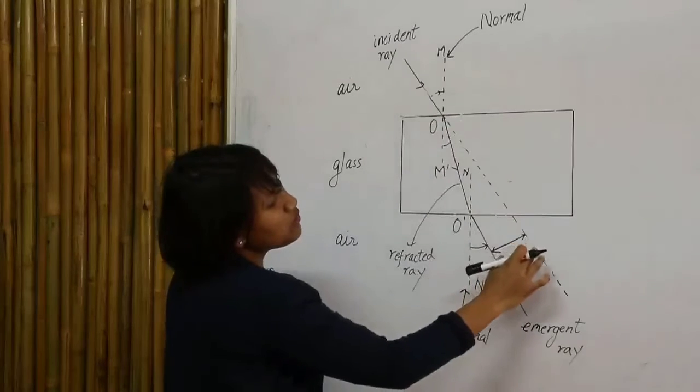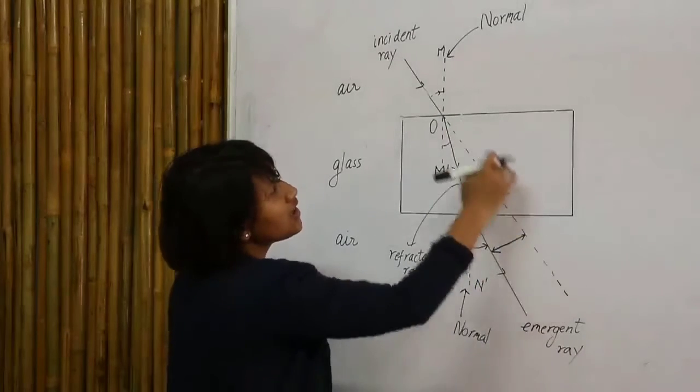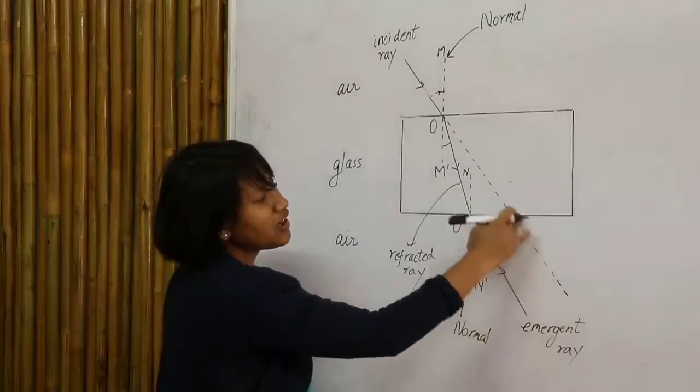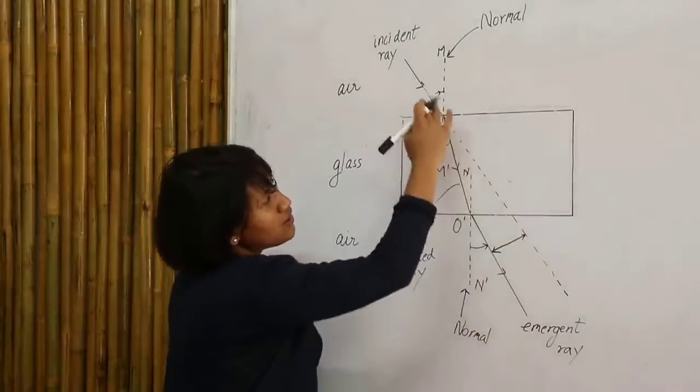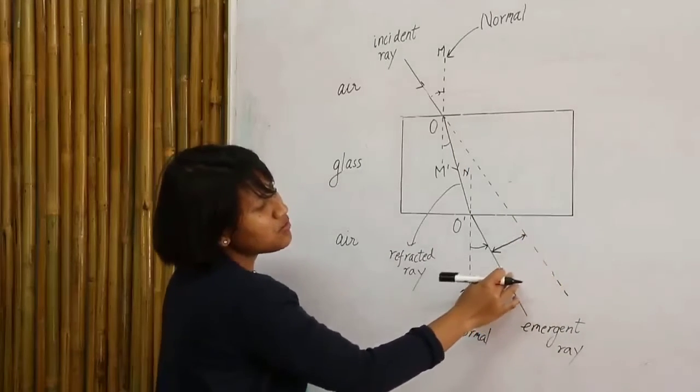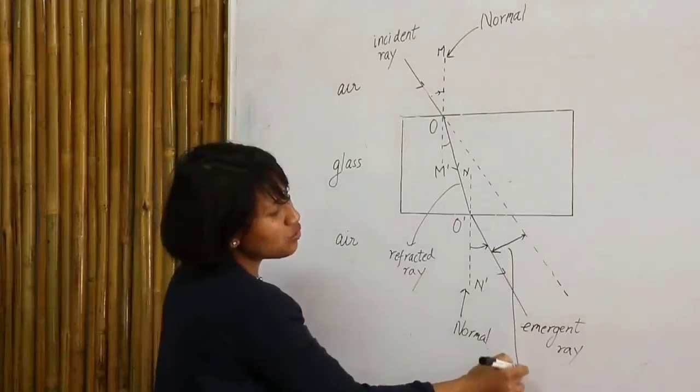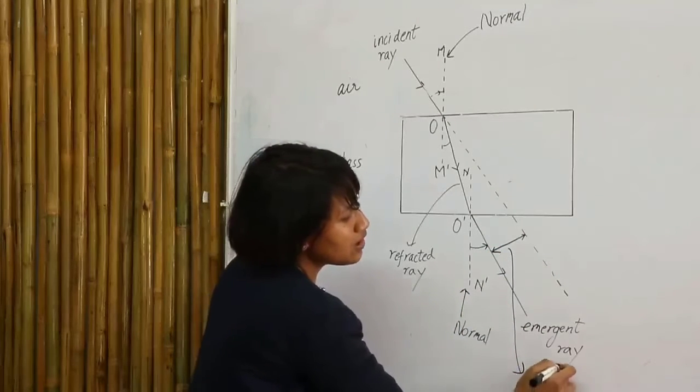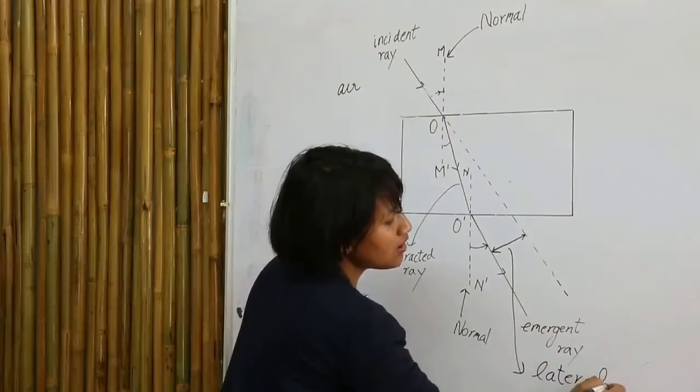The perpendicular shift between the original path traveled by the incident ray and this emergent ray is known as the lateral displacement.